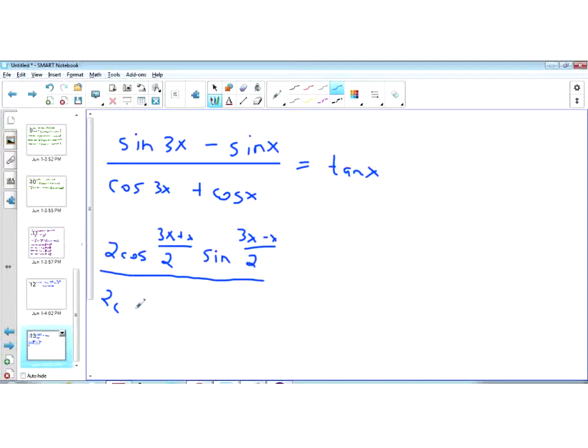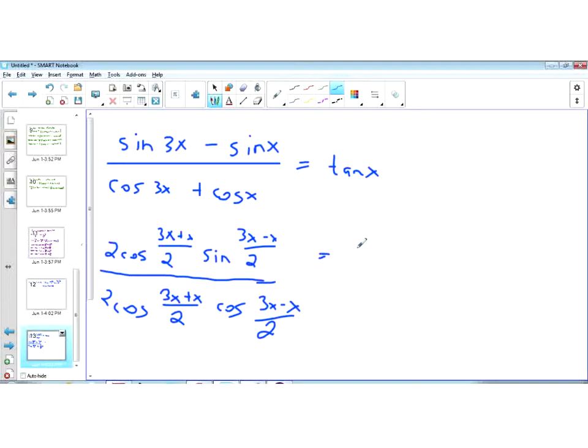2 times the cosine of (3x plus x) over 2, times the cosine of (3x minus x) over 2.